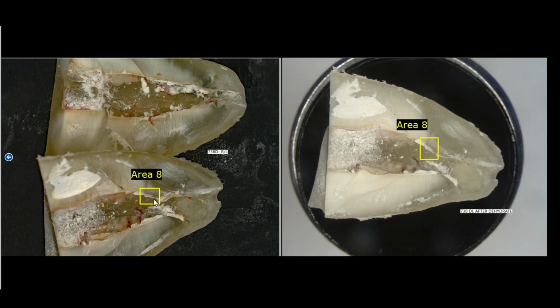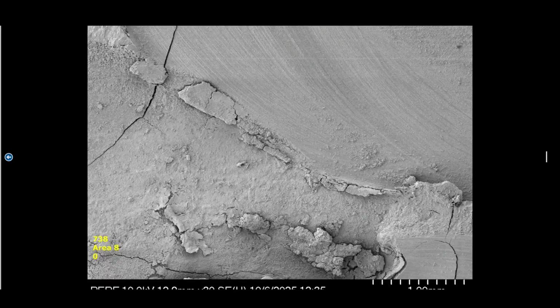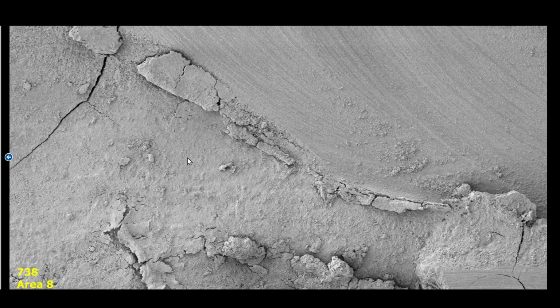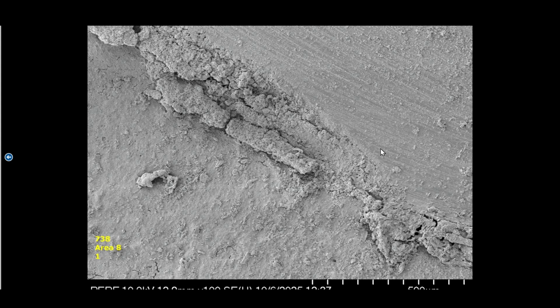So this area right in here we thought would look there. And when you go in, this is what the dehydrated pulpal tissue looks like. Again, pretty much an intact smear layer. There hasn't been a lot of demineralization. It doesn't look like that's gone on. This is dehydrated pulpal tissue.